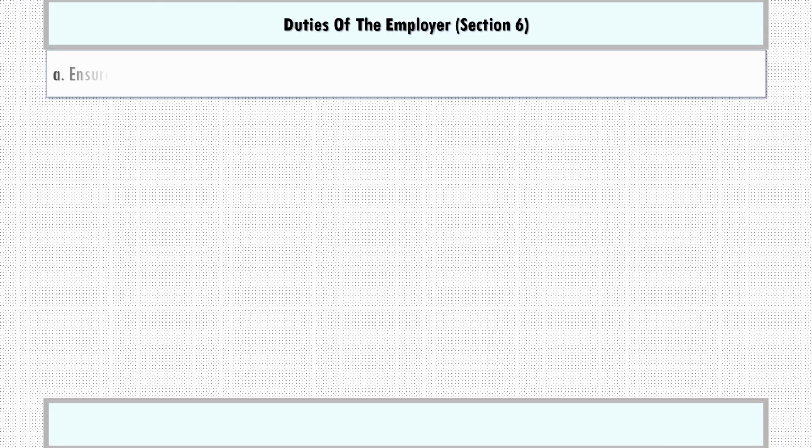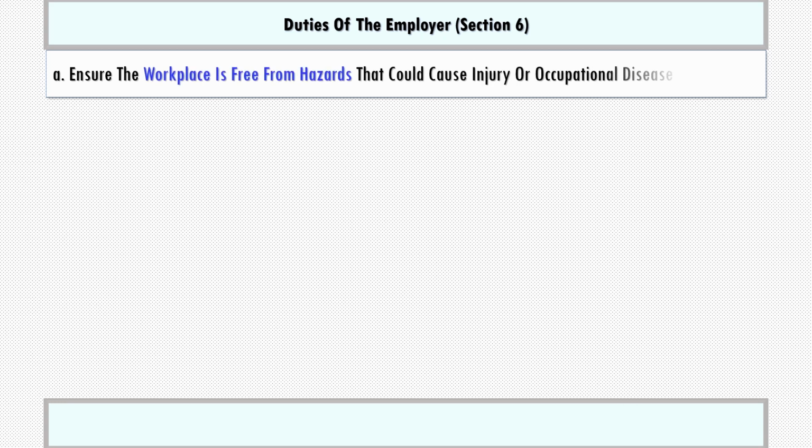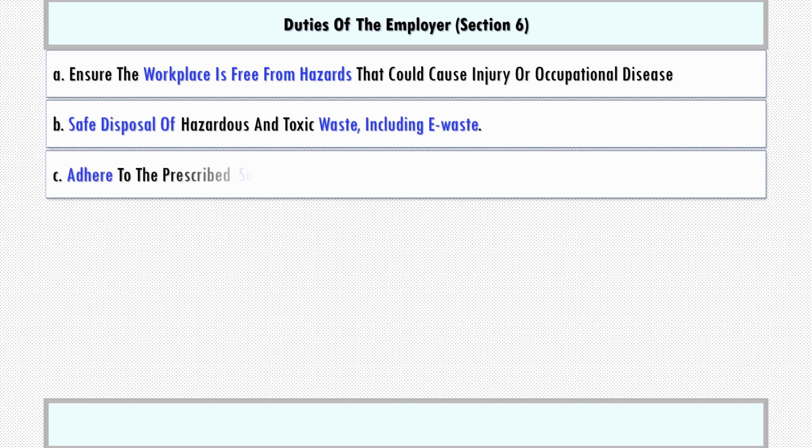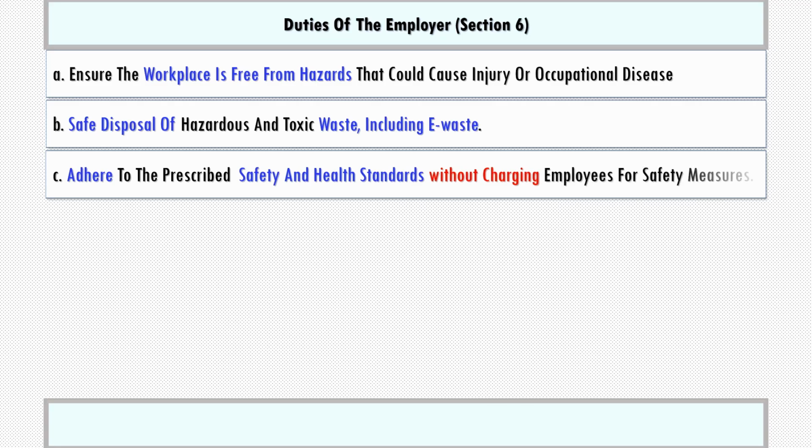Section 6 specifies the duties of the employer. He shall ensure the workplace is free from hazards that could cause injury or occupational disease. He should organize safe disposal of hazardous and toxic waste, including e-waste. The employer should adhere to prescribed safety and health without charging the employees for the safety measures.